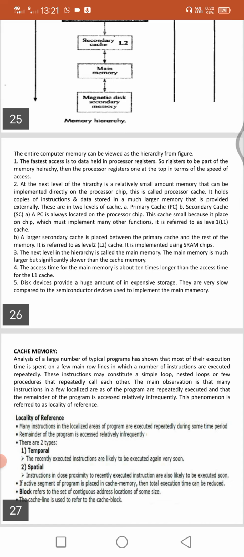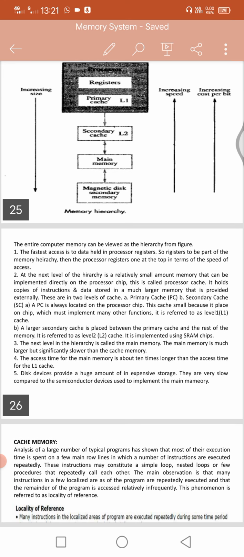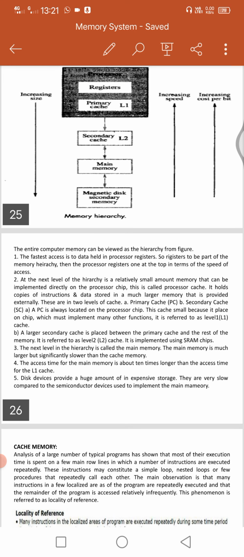Another one is the secondary cache. A larger secondary cache is placed between the primary cache and the rest of the memory. The primary cache is temporary storage with less storage capacity compared to the secondary cache.